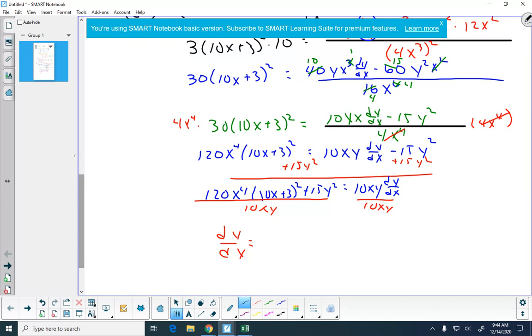Once again, we have entities that we can do some division with. We can take a 5 out of all these. So this gives me 2, this gives me 3, and taking 5 out of that would be 24. So we're left with 24x to the fourth (10x + 3) squared plus 3y squared, over 2xy.